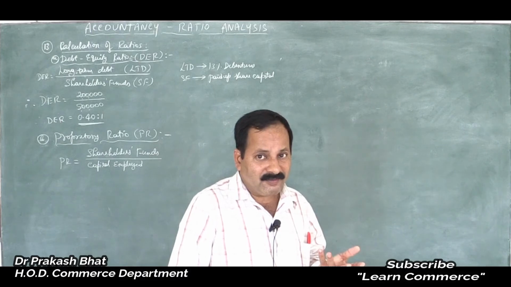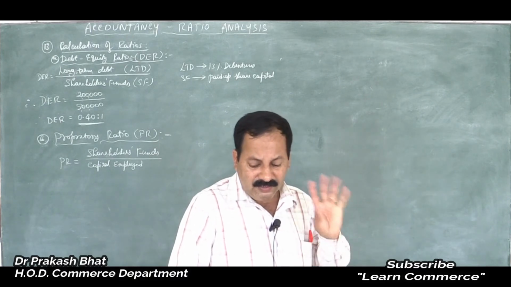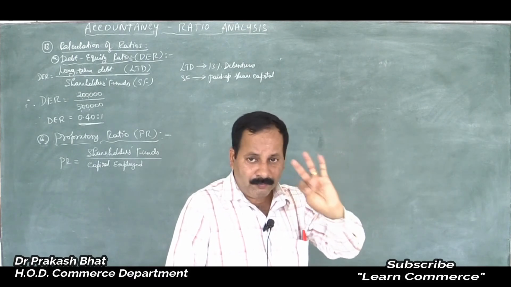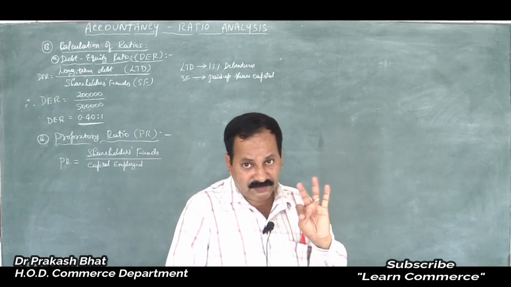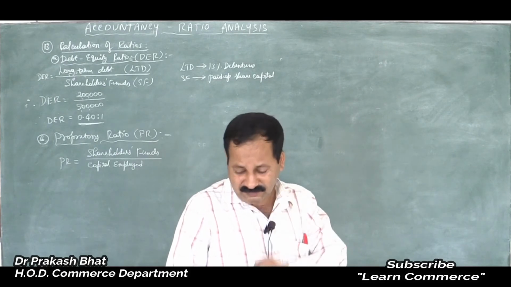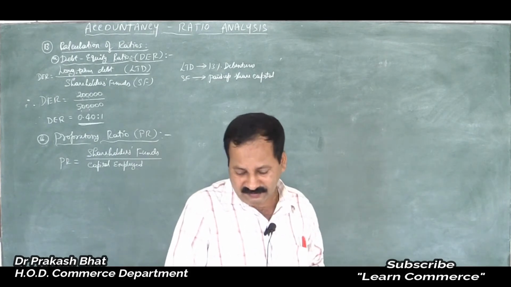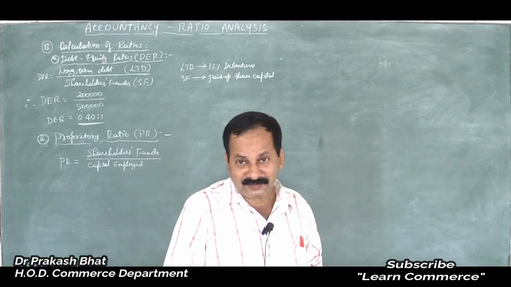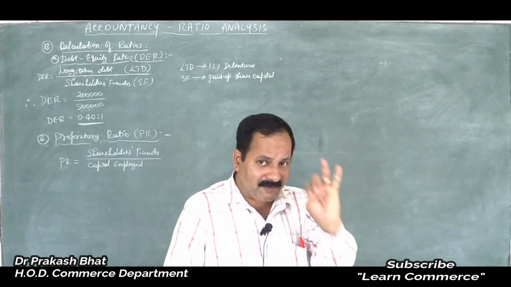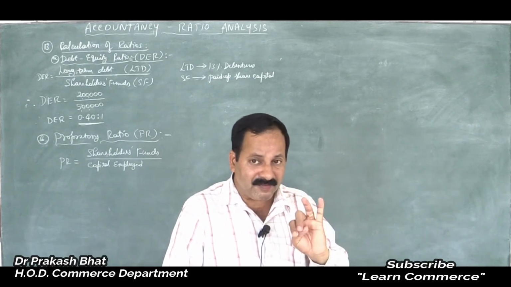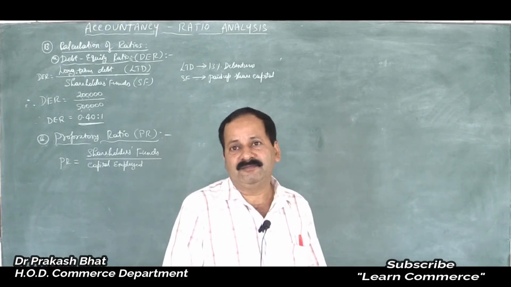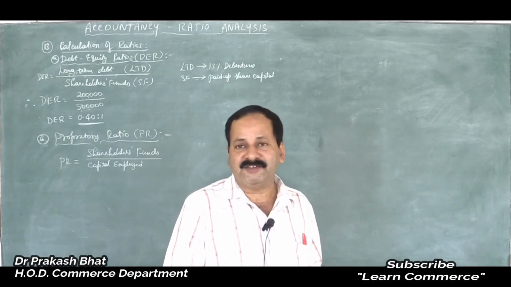Very simple. All others are related to assets and statement of profit and loss. So, add these three items together, that is nothing but the total capital employed, which will be equal to the total assets.